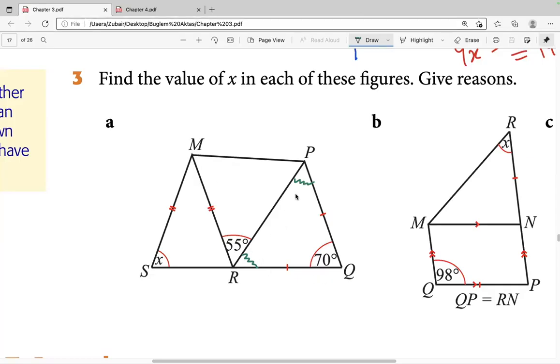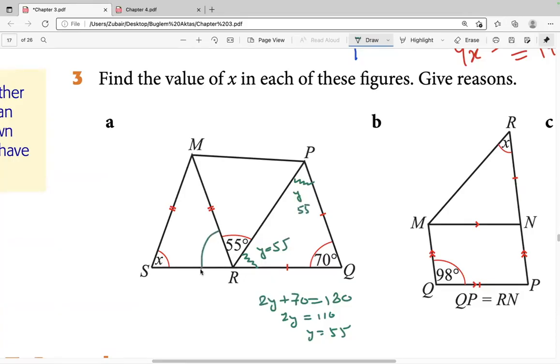If we just find these two marked in green, may I label them as Y? We know that they are isosceles. So that is why I've labeled both of them as Y. So 2y plus 70 equals 180, angle sum of triangle. So Y is equal to 55. Now we know this angle, which is 55.